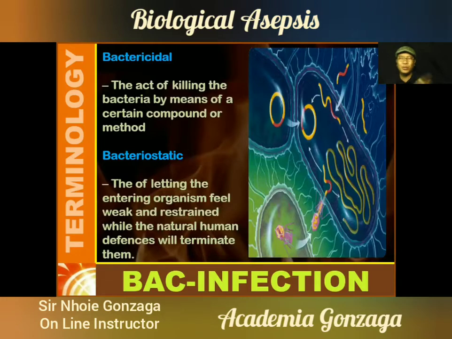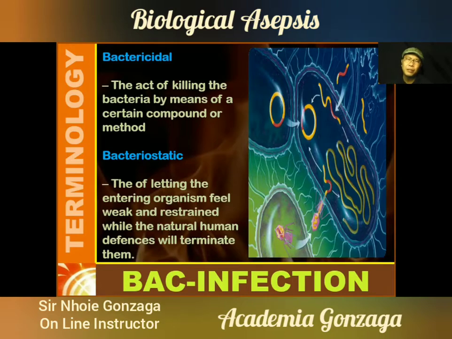Now, we have two words here that are almost used interchangeably by other people, but they mean differently. Bactericidal and bacteriostatic. When you say bactericidal, the bacteria here is really killed. When you say bacteriostatic, the bacteria here is only weakened and restrained so that our human body can fight and terminate it. Now, example, bacteria enters the body.